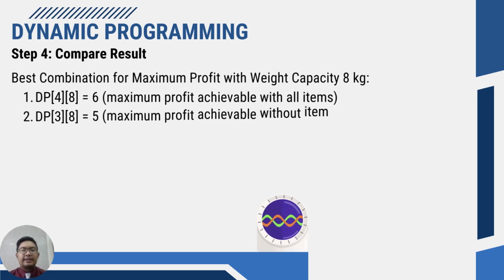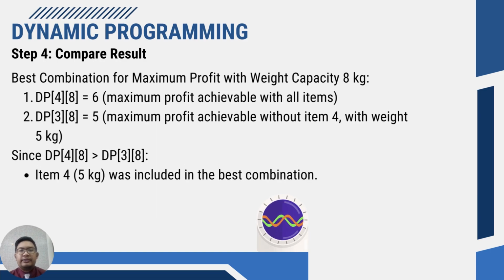Now on to the final step, which is to compare the results to find the best combination for maximum profit. Since the limit is 8, first we compare the last row's column, which has a maximum profit of 6, with the one from the row above, which has a profit of 5.